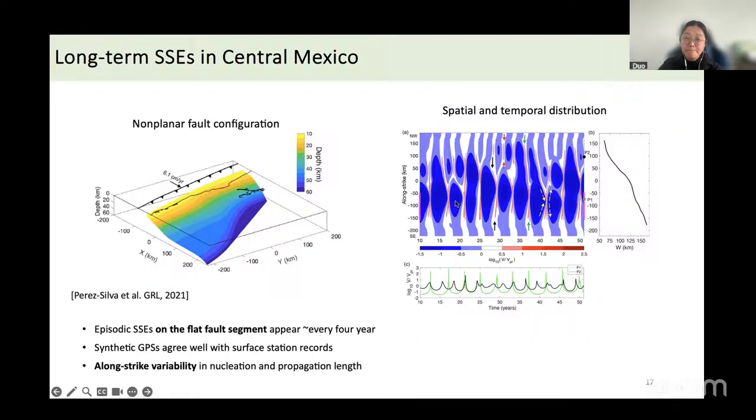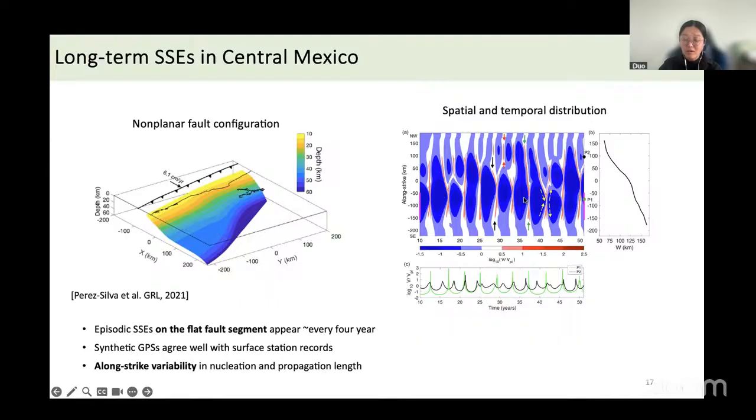So we can see the flatter part of the fault has a longer recurrence interval, which is the size of this blue circle. This x-axis is time and the y-axis is along-strike distance. So we see in the northern part or in the southern part of the model, the slow slip has longer recurrence interval and a larger rupture length.